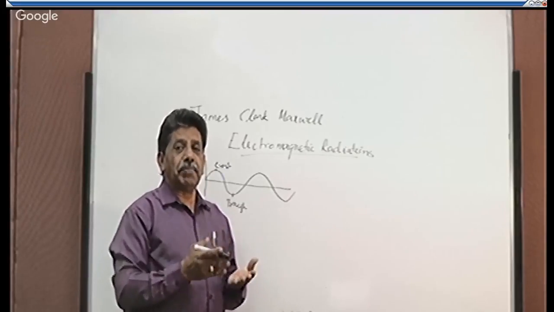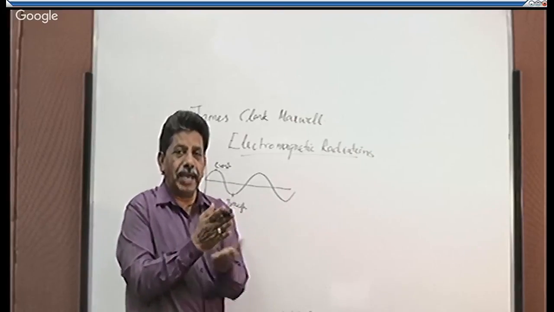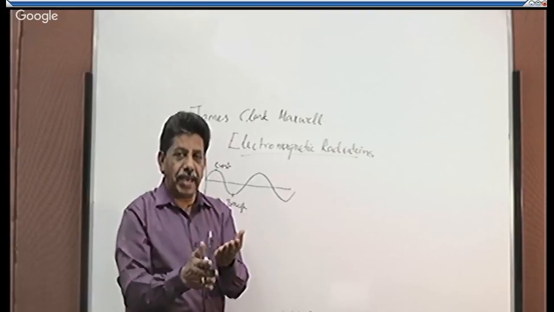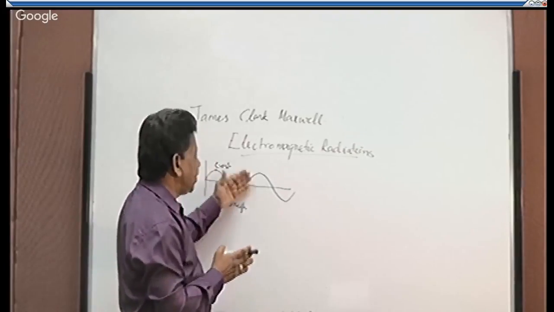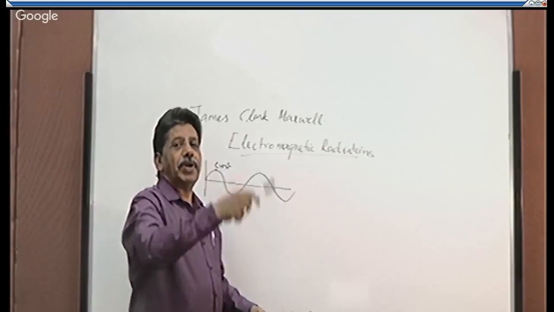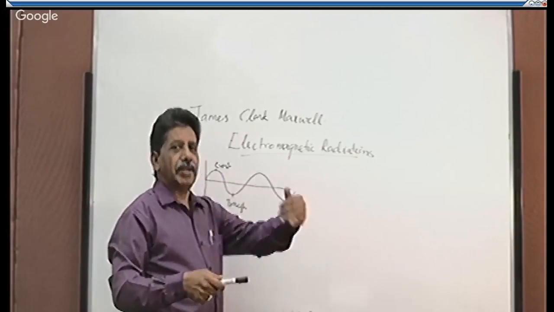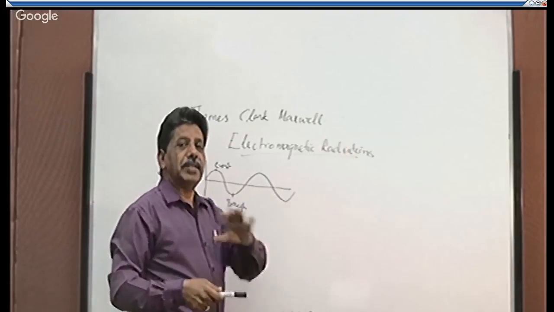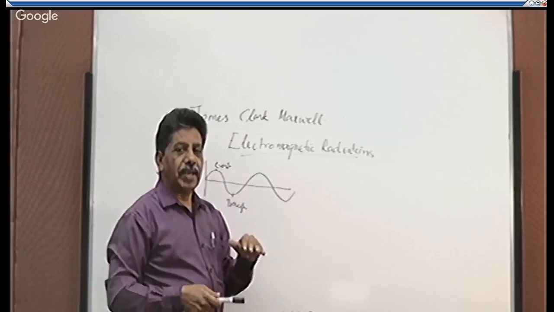Both the components are perpendicular to each other. One is in the horizontal plane, the other is in the vertical plane. It is like the waves propagated when you vibrate one end of a rope up and down. The waves produced on a water surface are also transverse waves.